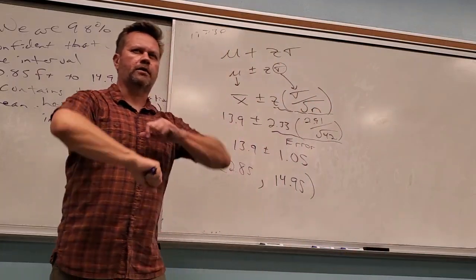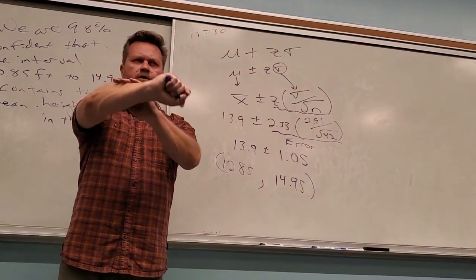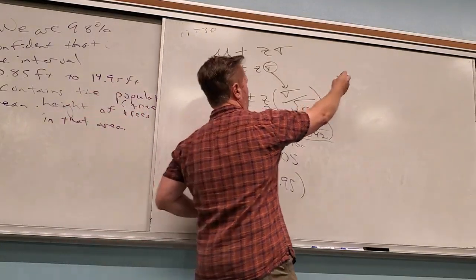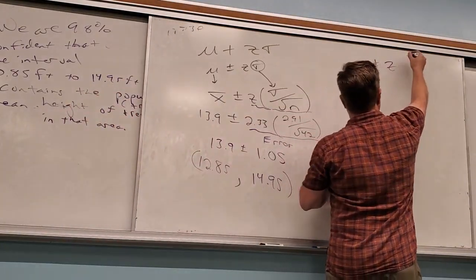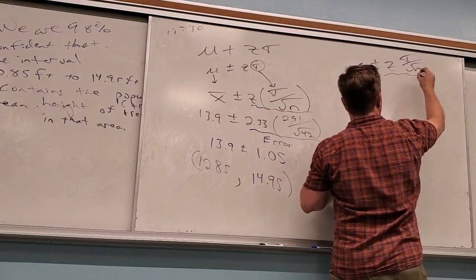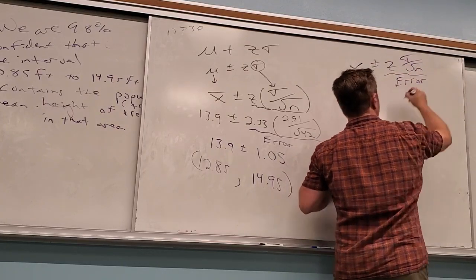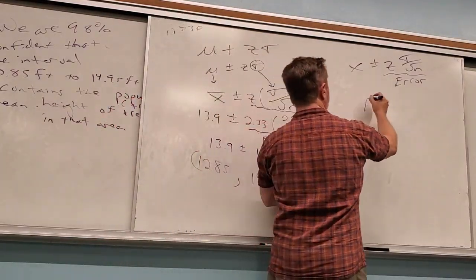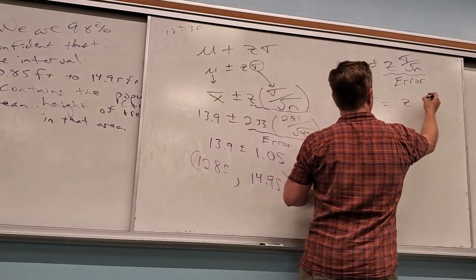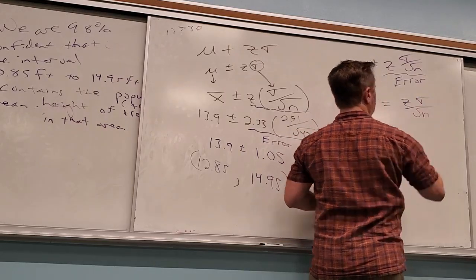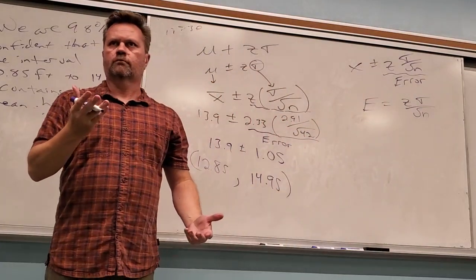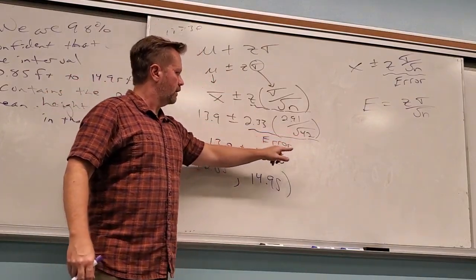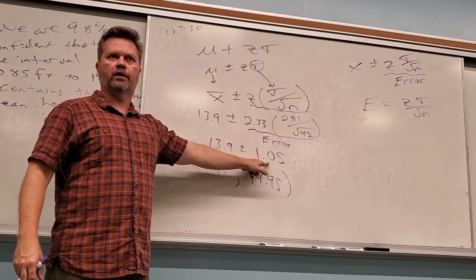All right, real quick, one last thing that you need before you can do this fully. If I look at this formula, this part is the error, correct? Or at least, by definition, we call that part the error. So I could set up this equation right here. Is that cool? So for example, when the sample size here was 42, it led to an error of 1.05.